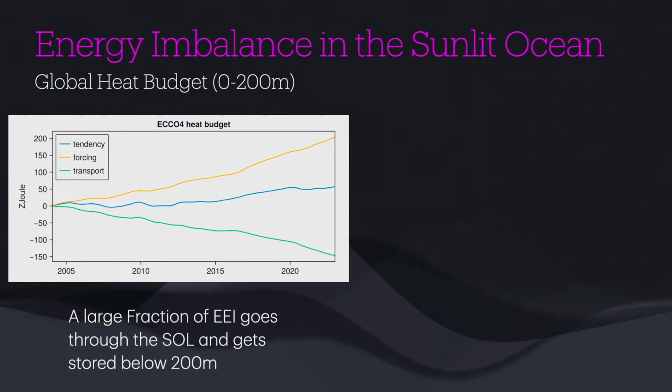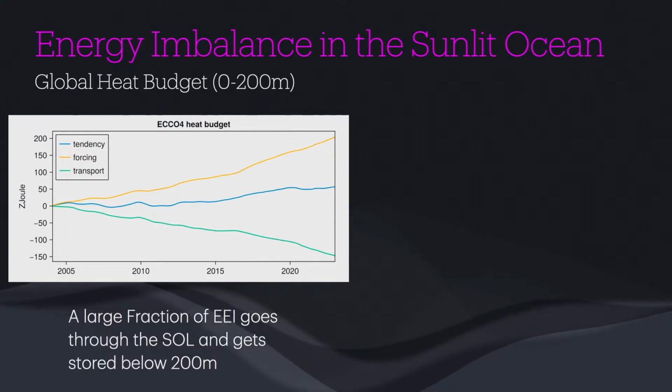It's called ocean heat content because it's integrated, so it's in weird units, but essentially the change in temperature over that layer. The orange line is what comes from the atmosphere, and the green line is what crosses 200-meter depth. So that's what you need to have to be able to explain what's going on in the blue line.